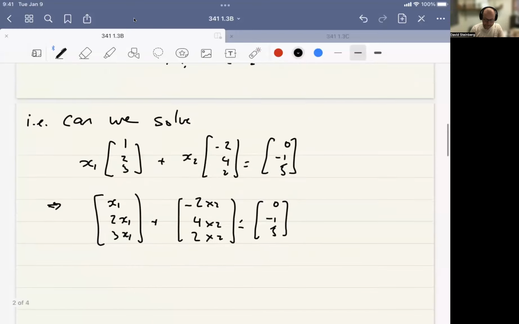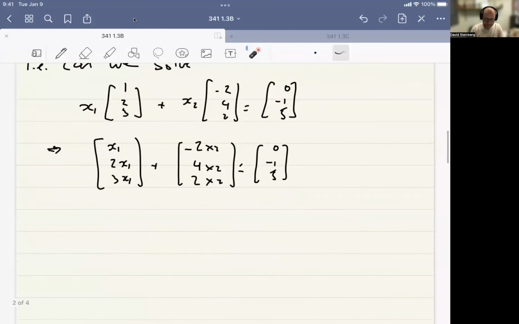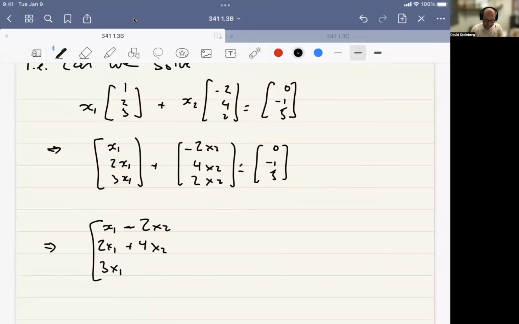We know how to add vectors, so we may as well add these two together. We end up getting (x1 - 2x2, 2x1 + 4x2, 3x1 + 2x2) is equal to (0, -1, 5).